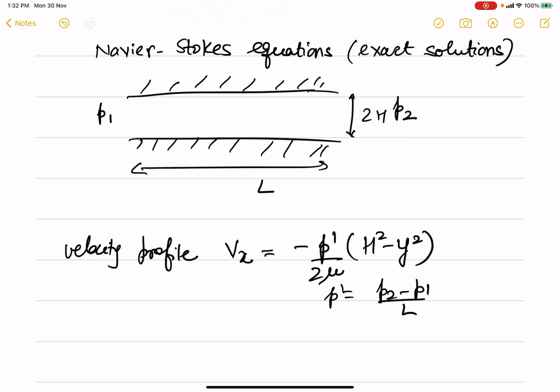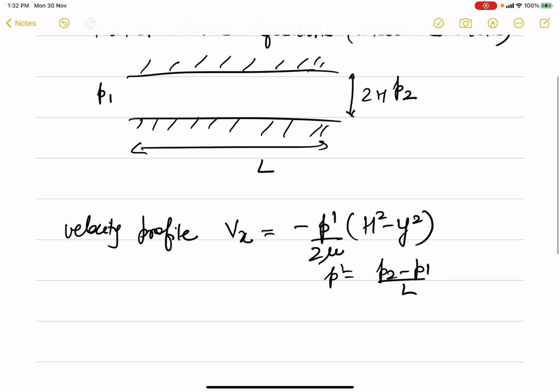So this was the expression which we got for the velocity profile. And using this expression, we can then get the flow rate. Flow rate will be equal to integral Vx dy from minus h to h.